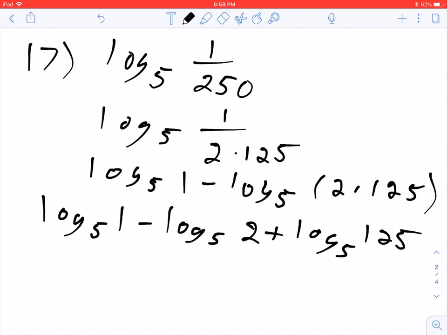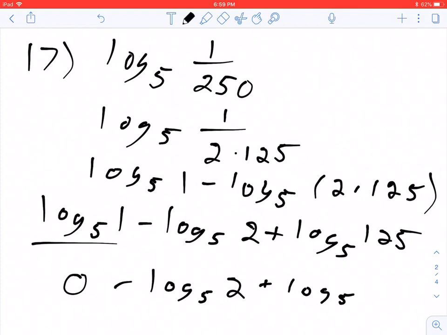Now, anytime you have log base anything of 1, that is going to equal 0. So log of 1 is 0, no matter what the base is. This is going to remain log base 5 of 2. And this right here can be rewritten as log base 5 of 5 to the 3rd power.